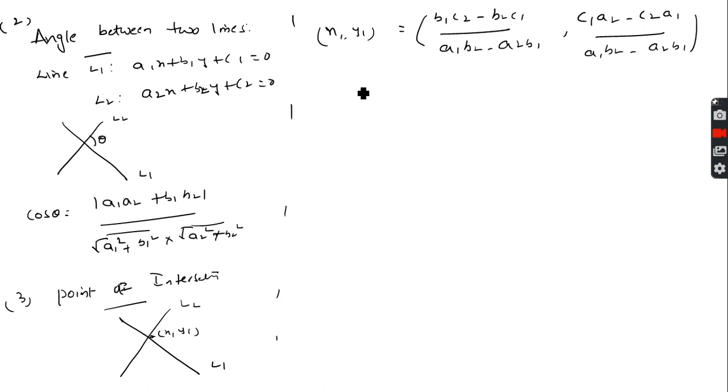And next one is parallel and perpendicular line.